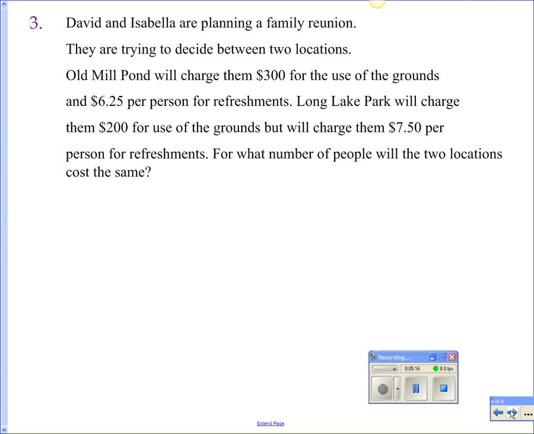All right. Number 3, we're going to do one sentence at a time. Caitlin, read the first sentence. Odin. Blake.